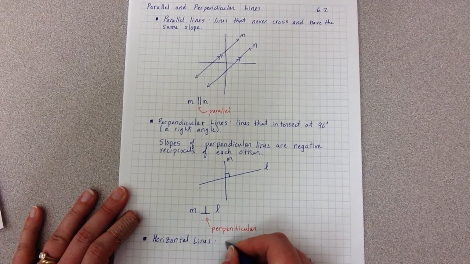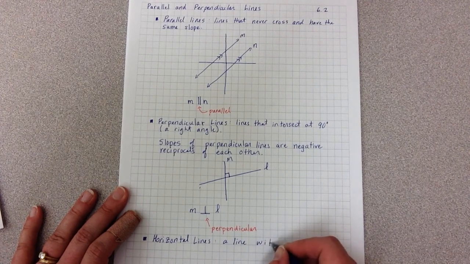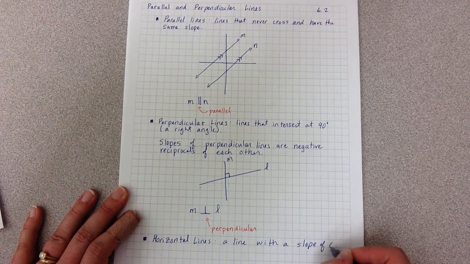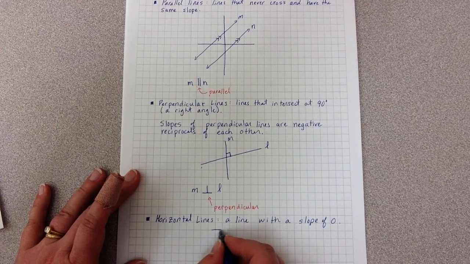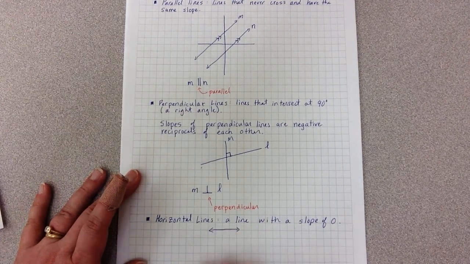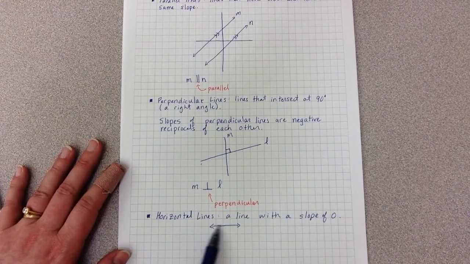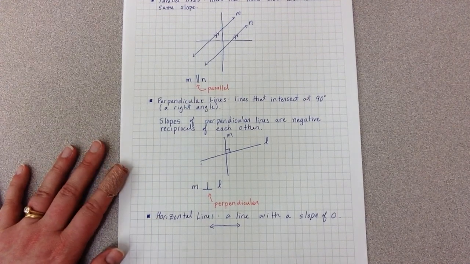And this is a line with a slope of 0. And we see these drawn as lines that are horizontal. I remember that horizontal goes this way because the H has a line across the middle that is flat, that is horizontal.